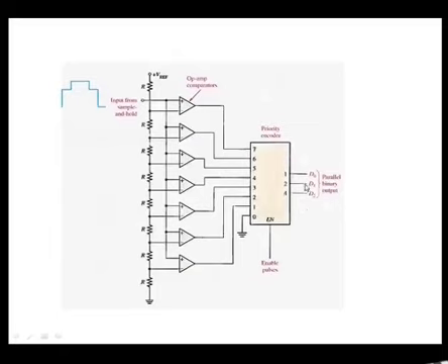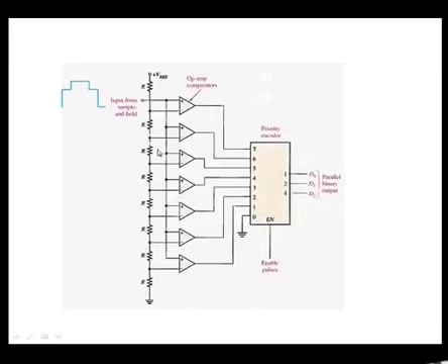So why are we using a priority encoder? Because this binary code is determined by the highest order input having a high level. What do we mean by highest order input? Let's assume that the input from the sample and hold circuit is 5.